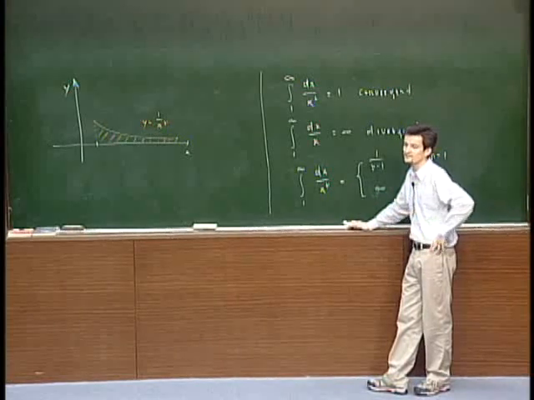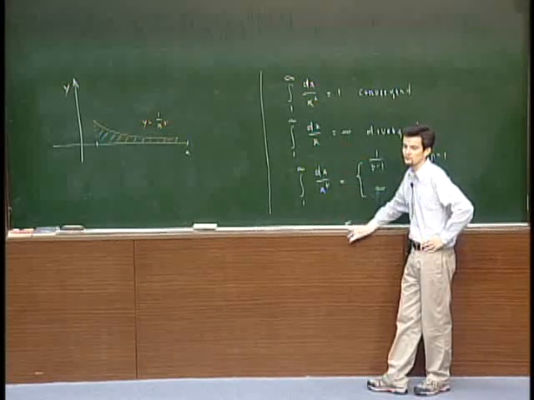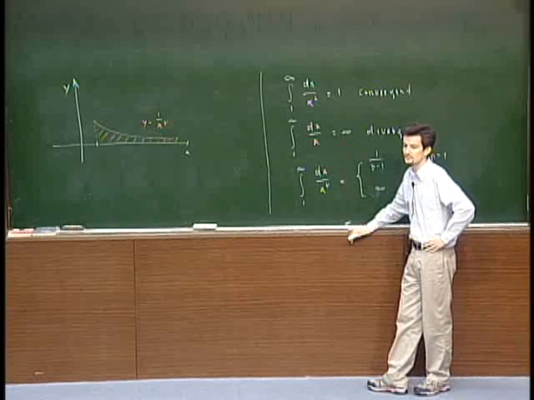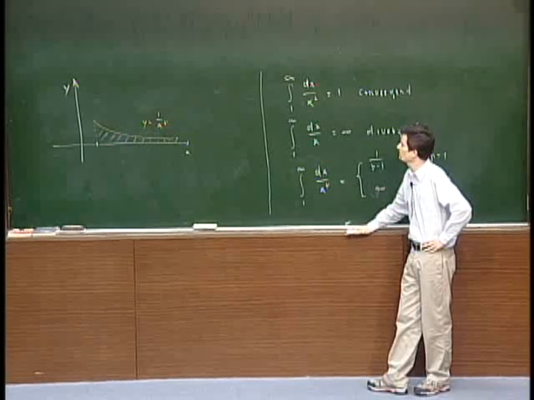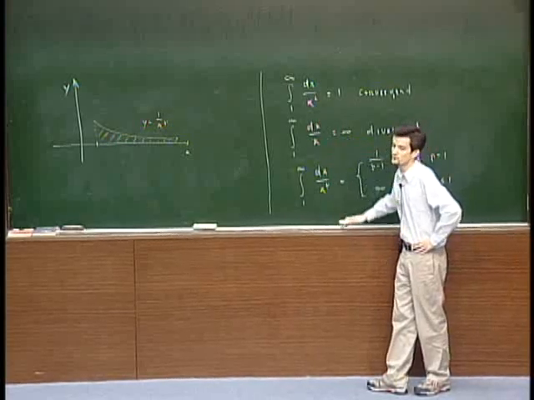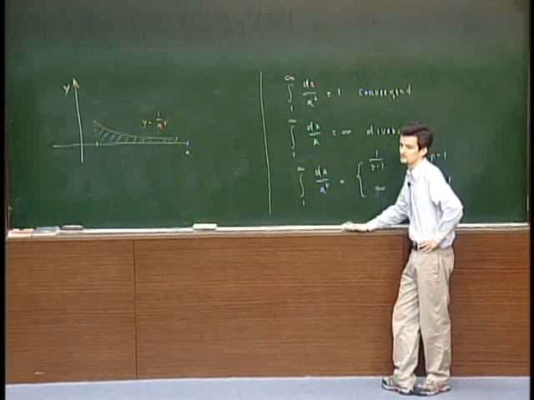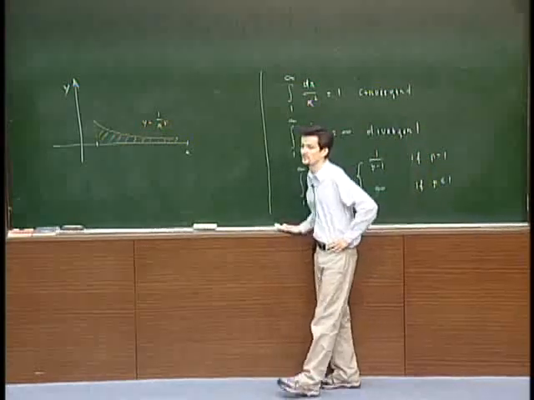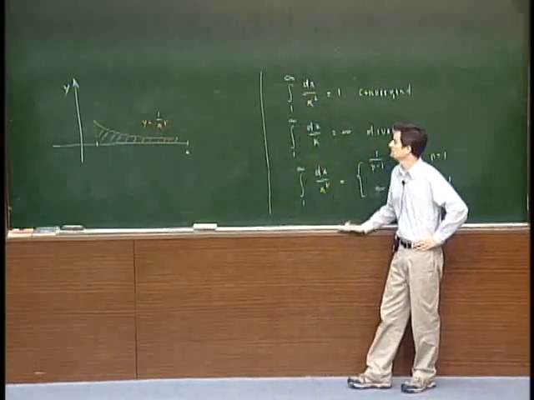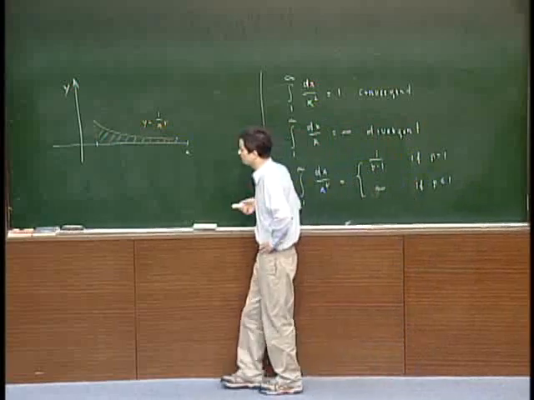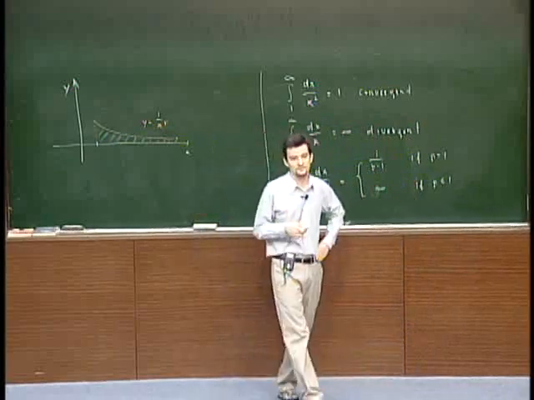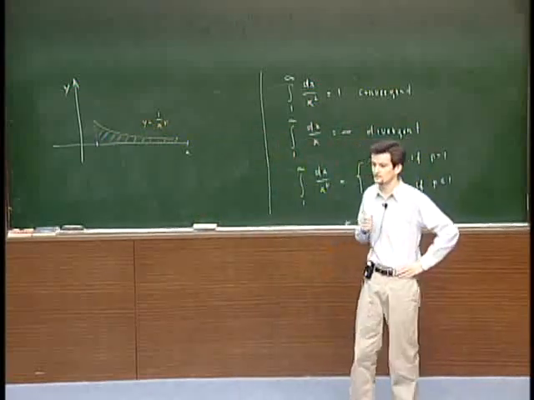So testing whether the integral is convergent and finding its value are two different problems, and determining whether such an integral is convergent or not is normally easier. We will see this. I will make this more precise in a few minutes by introducing a test which helps you to find out convergence, but not necessarily gives you the value if the integral is convergent.